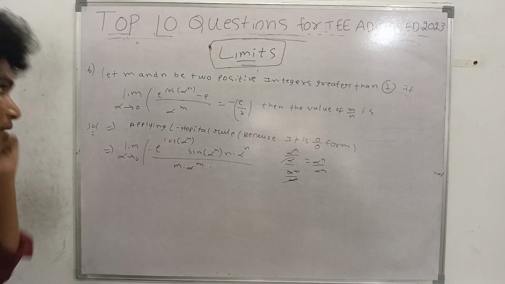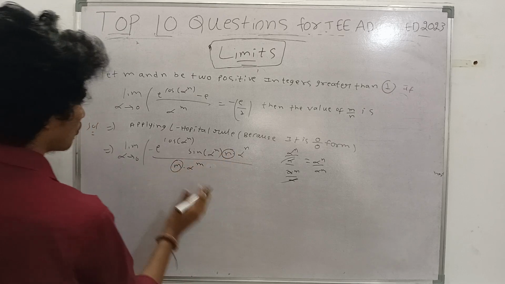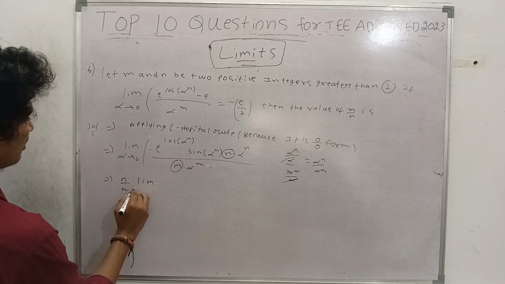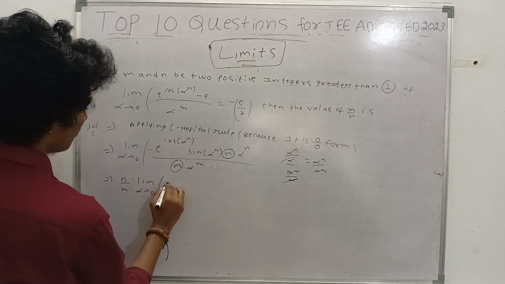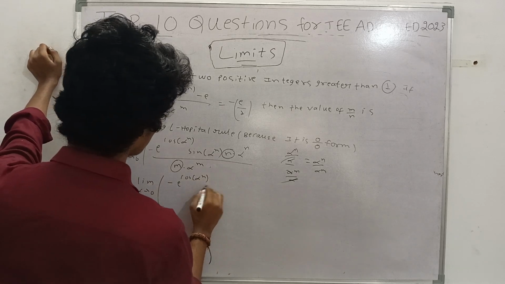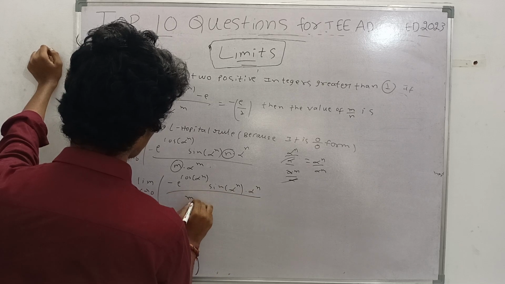Now we have to think in another way. What they asked is m by n, here we got n by m. These n and m are constants, so we can take n by m outside. Limit alpha tending to 0 of minus e power cos of alpha power n into sin alpha power n into alpha power n, divided by m into alpha power m.